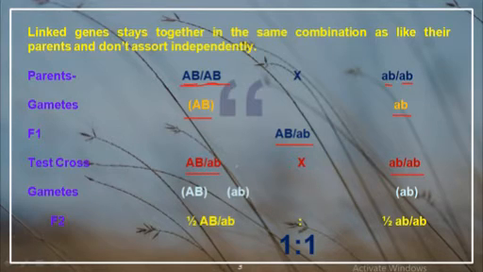They will produce gametes capital A, capital B, small a, small b. They will produce only two types of gametes because they cannot assort independently, as they are linked genes. So they will produce only two gametes.